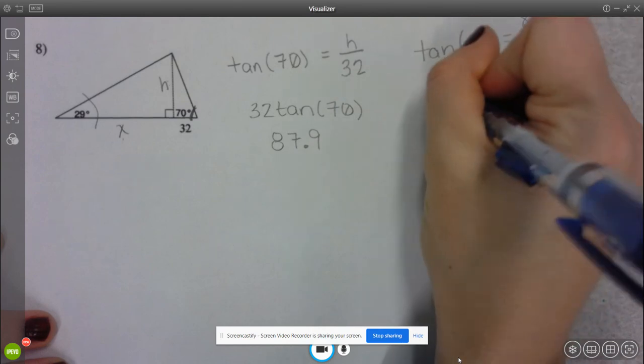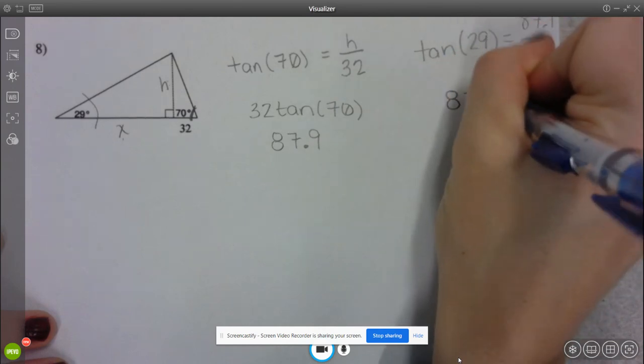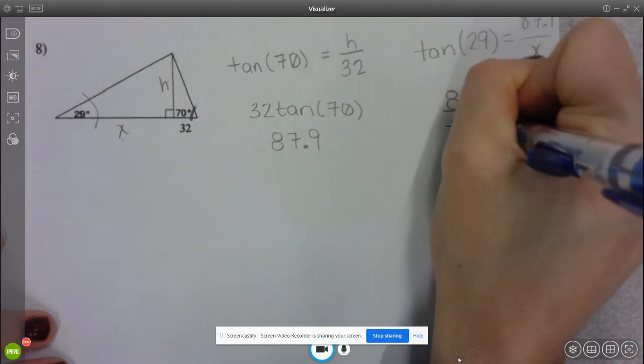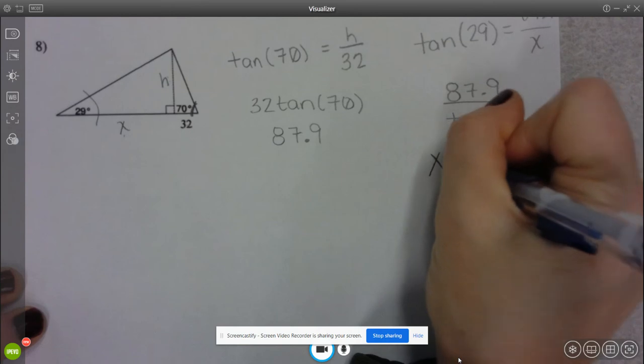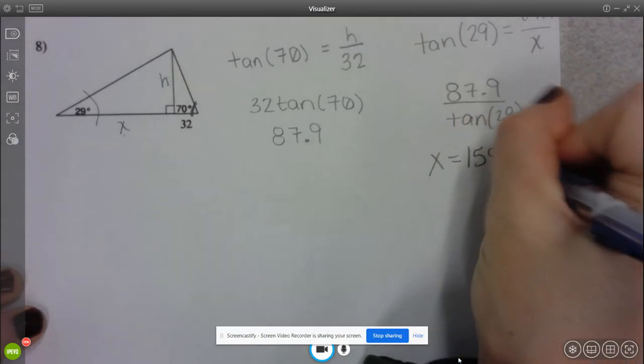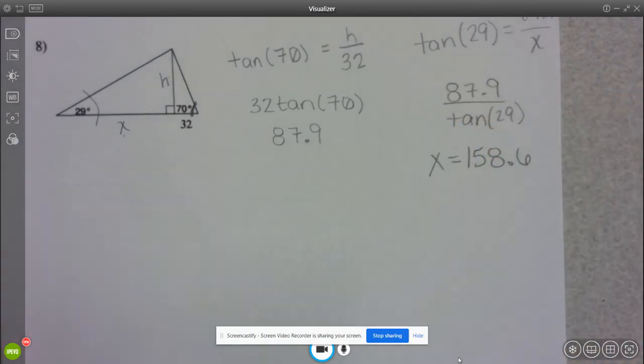So to find x, I'm doing 87.9 divided by tangent of 29. Which gives me x being 158.6.